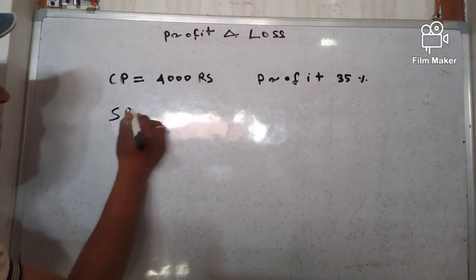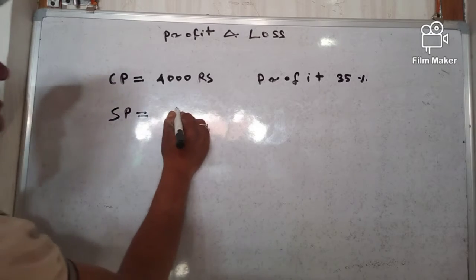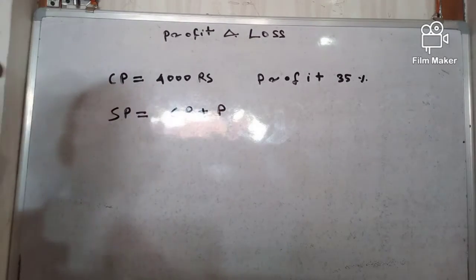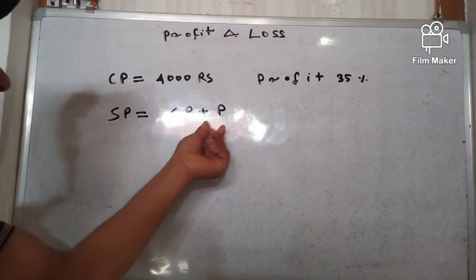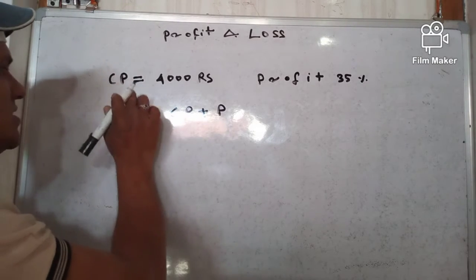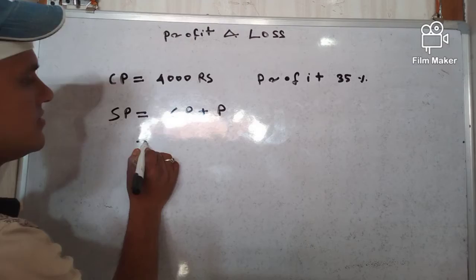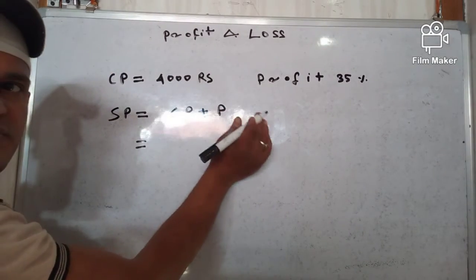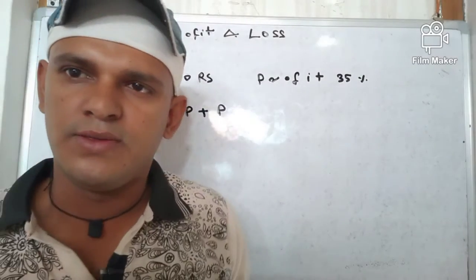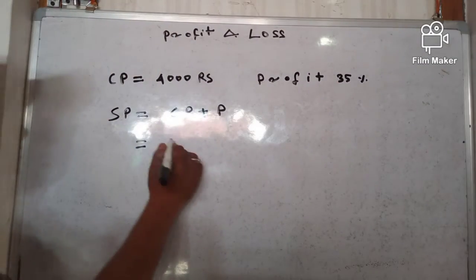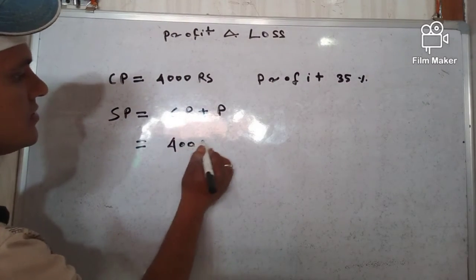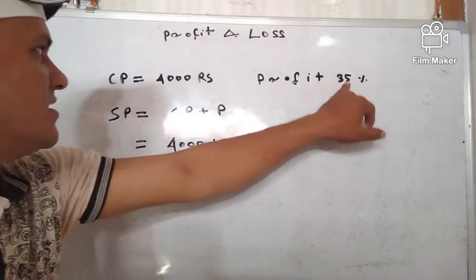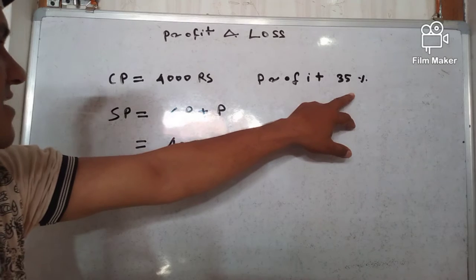So SP is CP plus profit. What is CP? CP is given 4000. Profit is 35%.